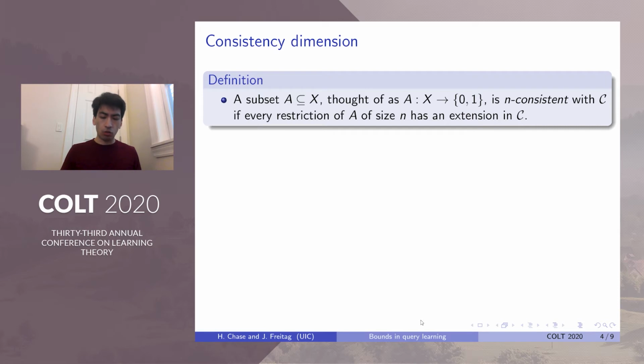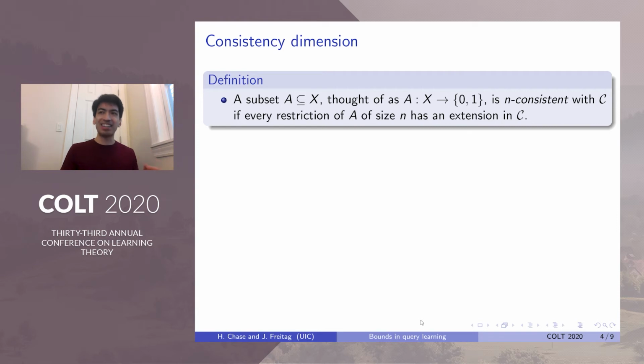The other quantity that we look at is consistency dimension, which has been used in query learning before. First, I have to talk about what it means to be n-consistent. Take some subset of X, and we'll identify this subset with its characteristic function.